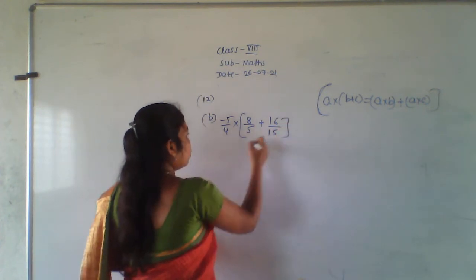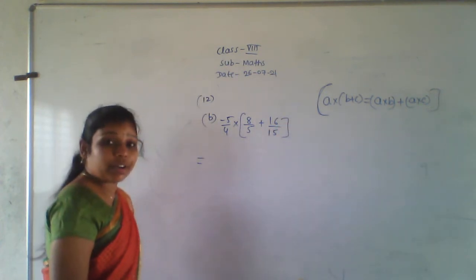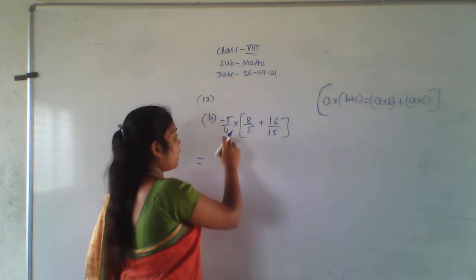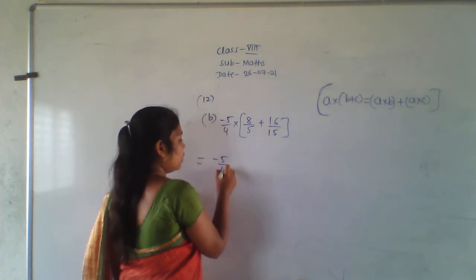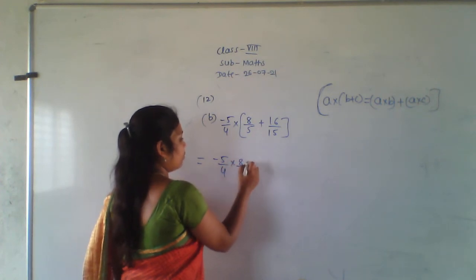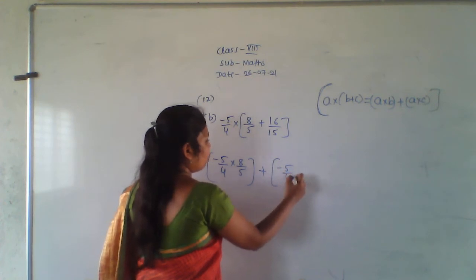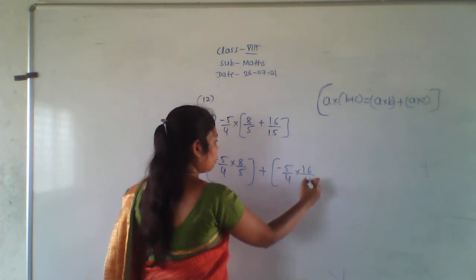Okay, so again use the distributive property of multiplication over addition here. It is minus 5 by 4 into 8 by 5, right? Plus again here minus 5 by 4 into 16 by 15.